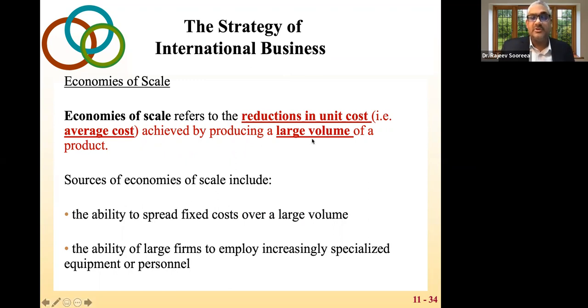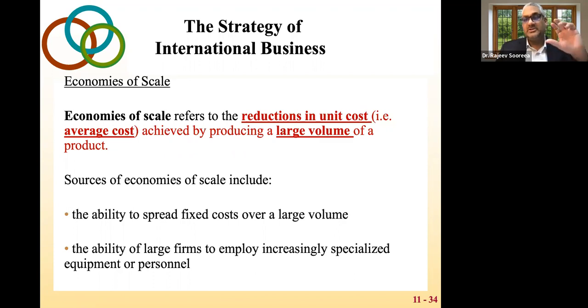Now, how do you get economies of scale? You should be able to produce a large amount, because a large volume helps you to spread your fixed cost. Let's say your fixed cost is $100 for 10 units. But if you produce 20 units, your average cost goes down because your fixed cost of $100 is now being spread over 20 units, right?